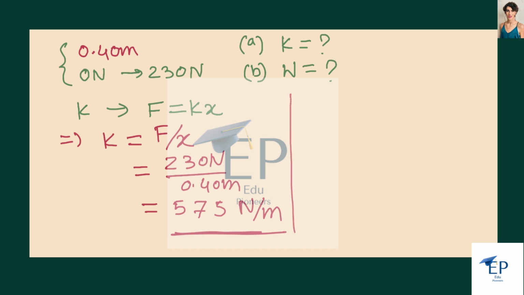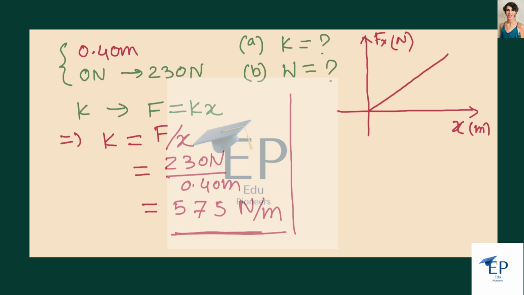Now we have to calculate the work done. To calculate the work done, let me just draw force versus x. I mean, a force versus displacement graph. So this is force in Newton, and this is displacement in meter. From the given information, you can draw a graph something like this.